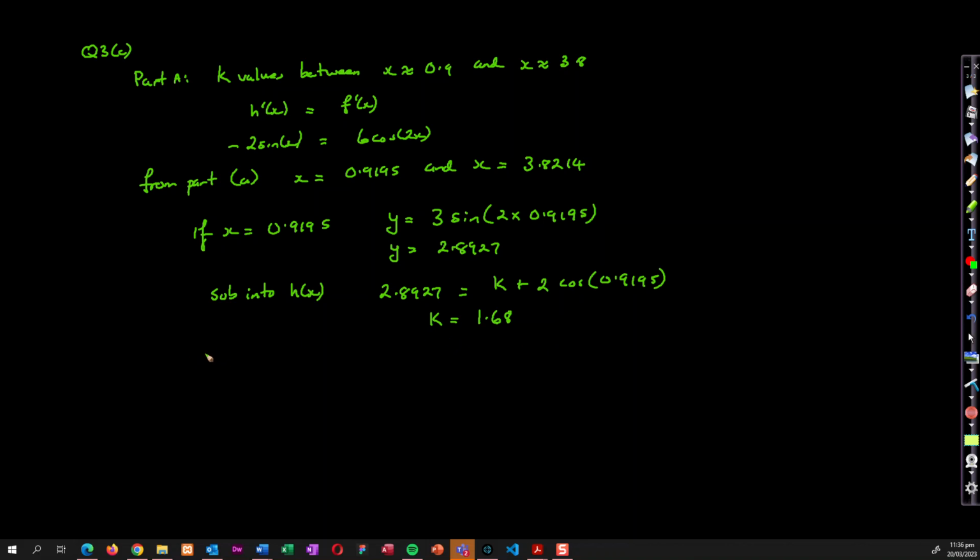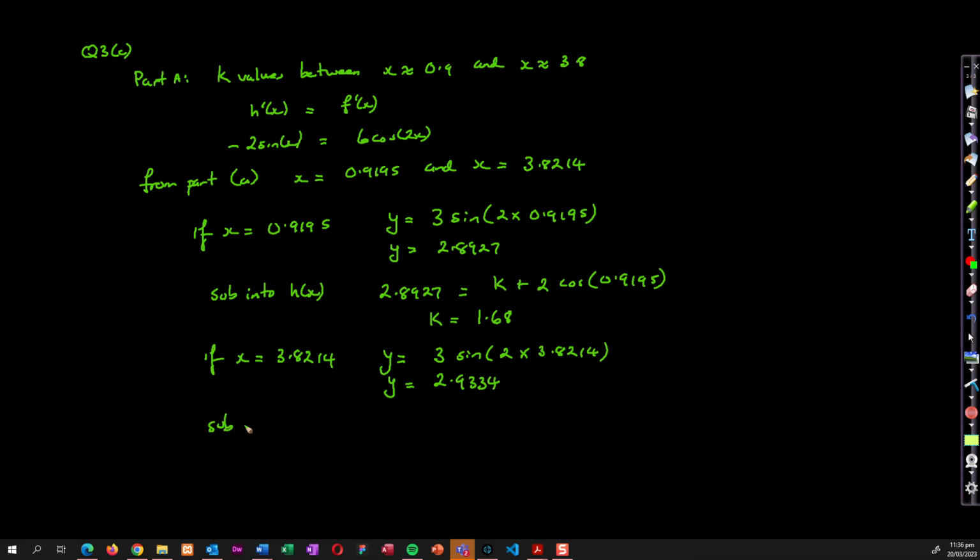Then if we take the other point of intersection, we end up with a y value of 2.9334.